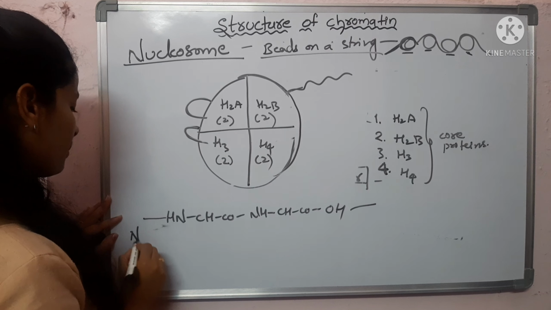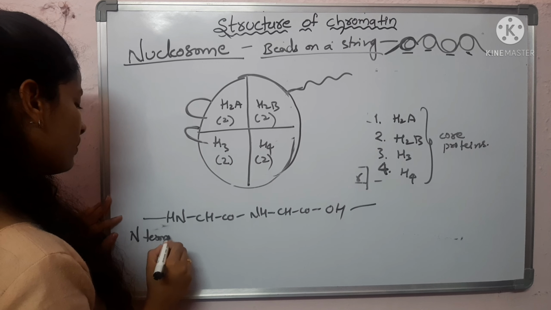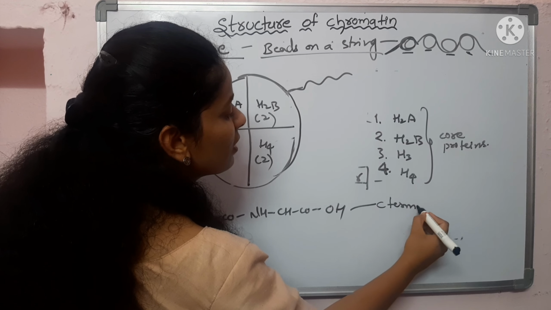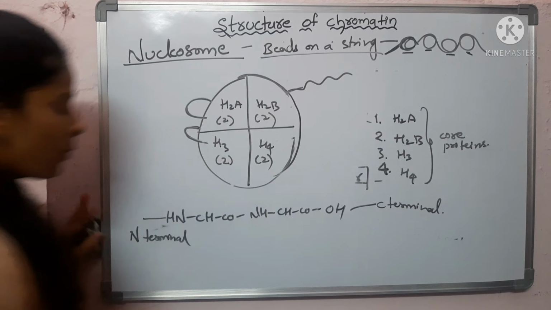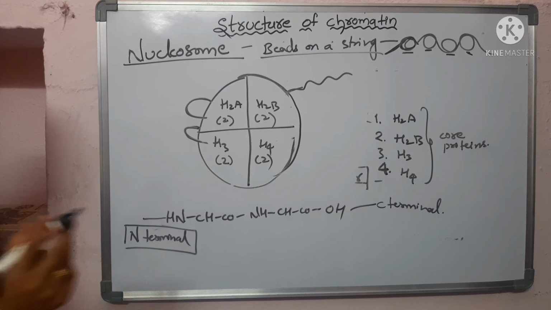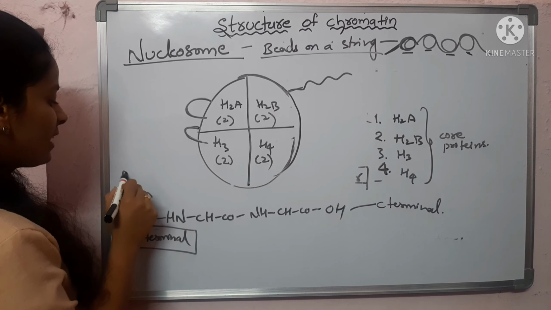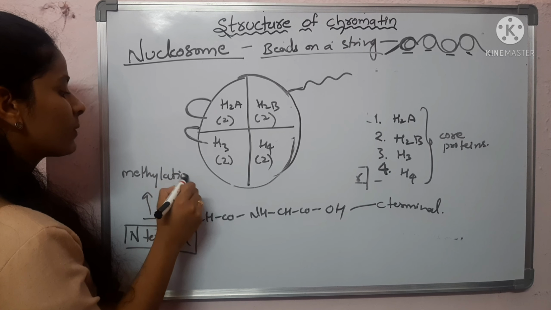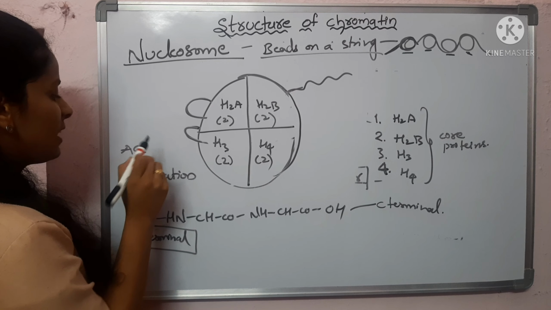This is the N terminal. This is the C terminal. So what happens here? At the N terminal end of amino acids, methylation and acetylation occur.